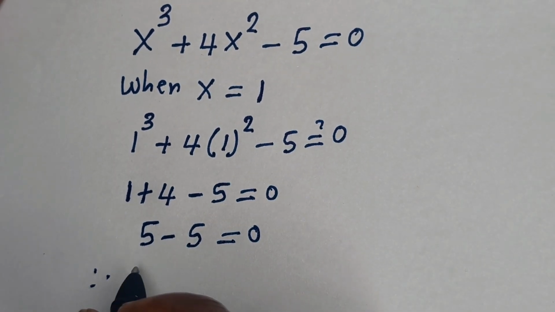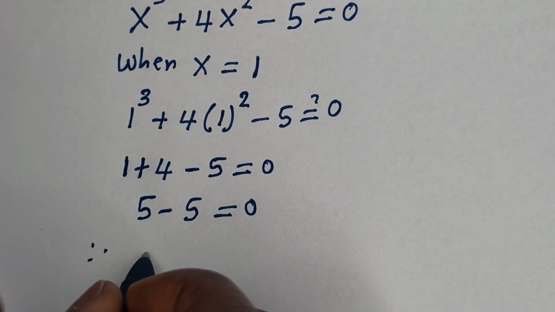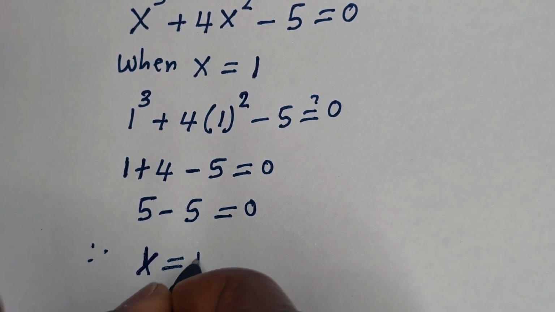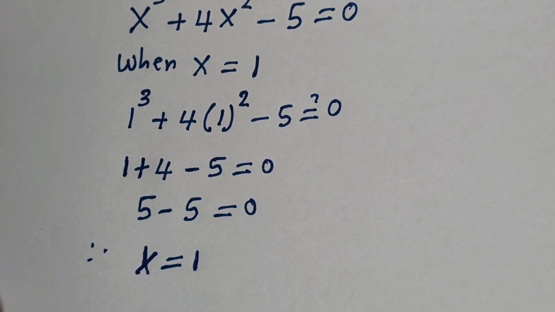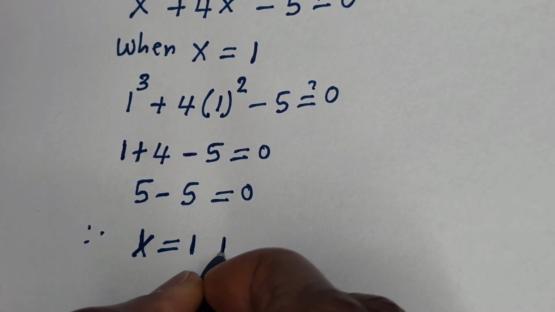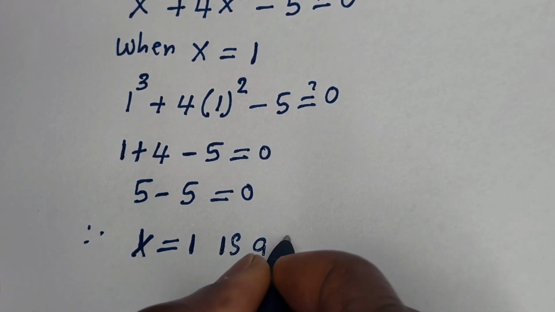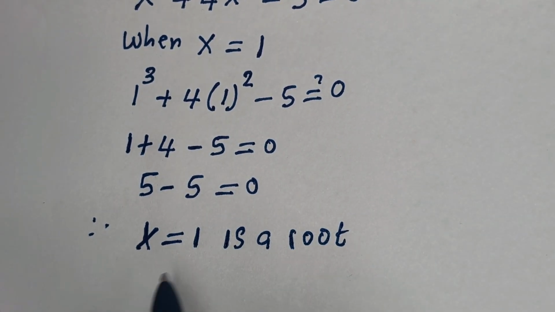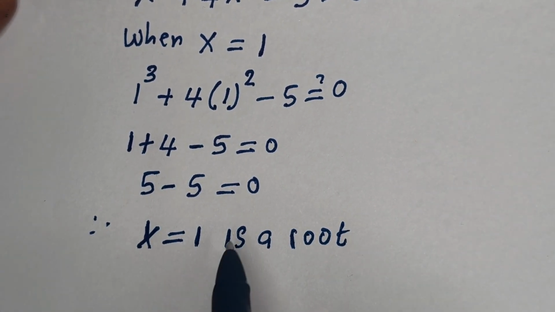Therefore, s is equal to 1 is one of the roots of this equation. Then we need to find other roots using long division of polynomial.